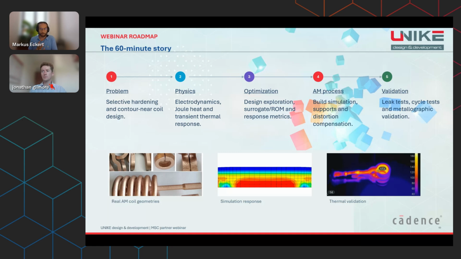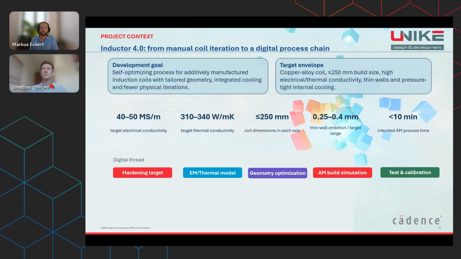After that, we look at the additive manufacturing side. The optimized geometry must be printable without losing its function through distortion, leakage, or insufficient surface geometry. Finally, we close the loop with validation, leak tests, cycle tests, and metallographic evidence. The order is intentional because it follows the engineering path from requirement to the real tool.